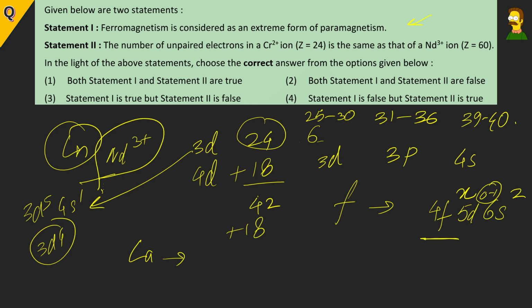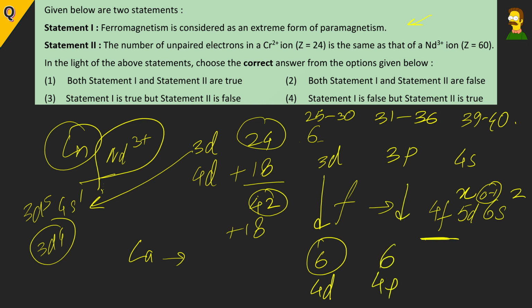So being able to identify that, after this 42, again, you have 6 more of 4d, and then 6 more of 4p. That makes it 54. Then 2 more for your 6s, and then you are at 56.